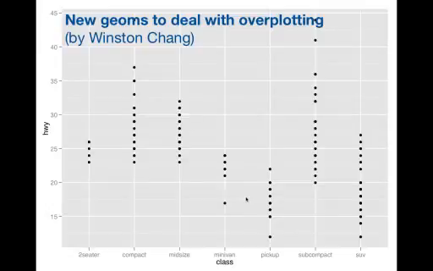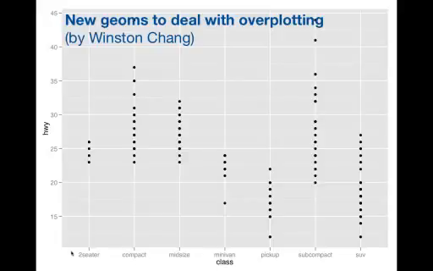Okay, so the first thing I want to talk about were a few new geoms. And again, I haven't written these geoms. These have been contributed by Winston Chang. And these two geoms I want to talk about are specifically developed to deal with overplotting. So here I've got a plot that comes from one of the built-in data sets in ggplot2, the mpg data set.